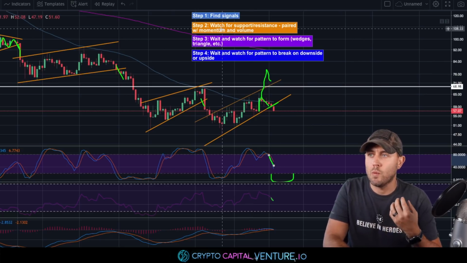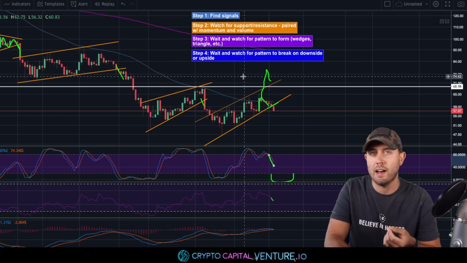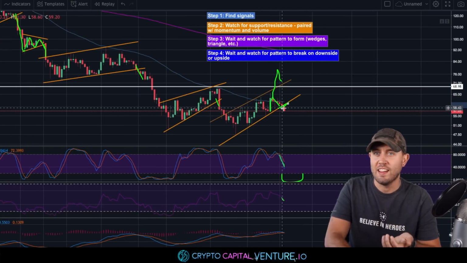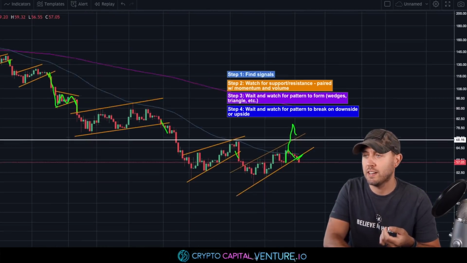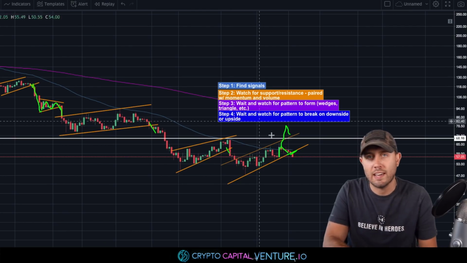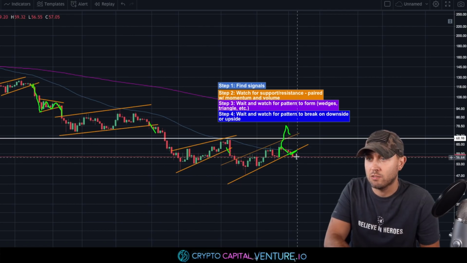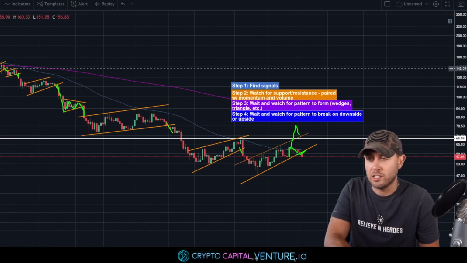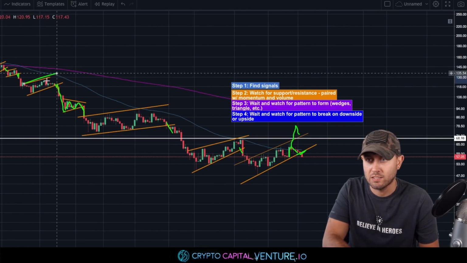So step 3 is we're going to see where that next pattern is going to form now that we've broken out of this wedge. And for me, this is just my approach. We're in this long-term downtrend on Litecoin. I would not be surprised, and I don't like expecting anything, but I certainly can anticipate, based on recent data points, a continual pattern of these bear flags forming.